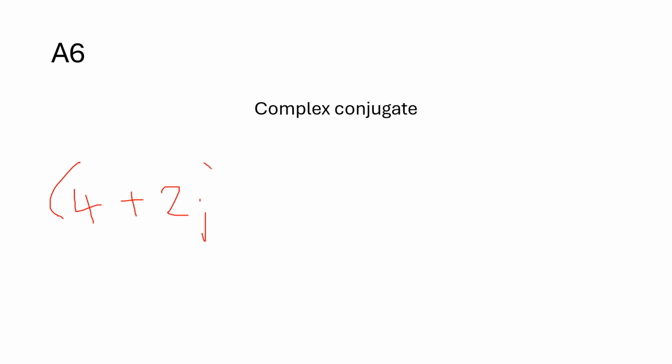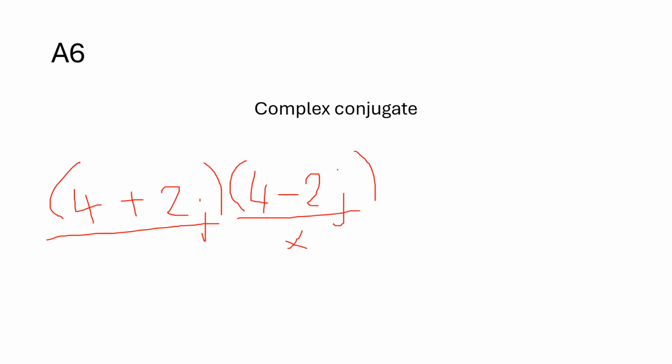So the conjugate of 4 plus 2j will actually be 4 minus 2j. So the complex conjugate is actually the thing that gets rid of the j. So this is the original complex number, and this is the conjugate of it. So basically, when you multiply the complex number with its conjugate, then your answer will be how much? Let's just check here.